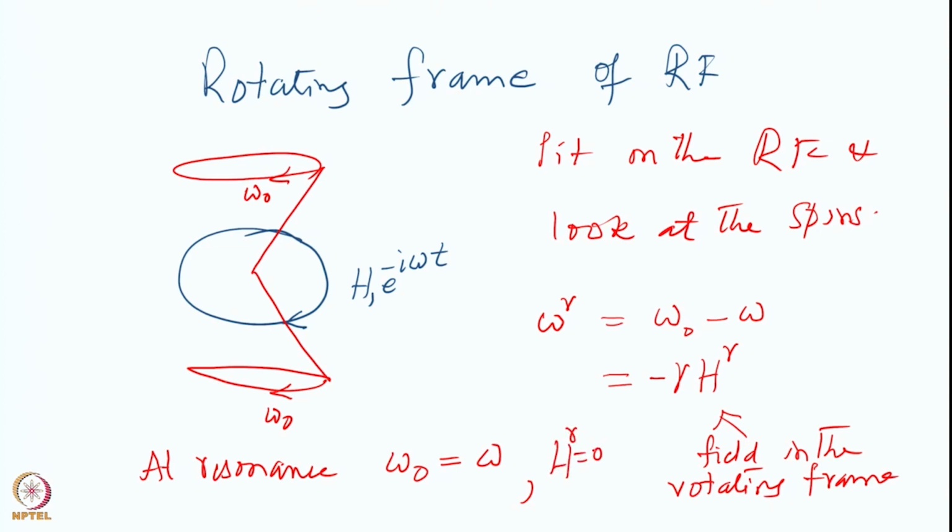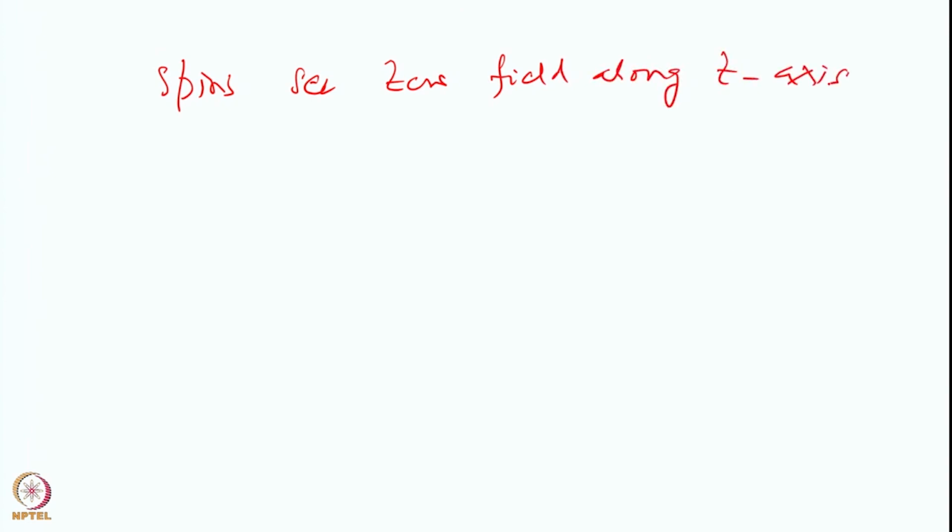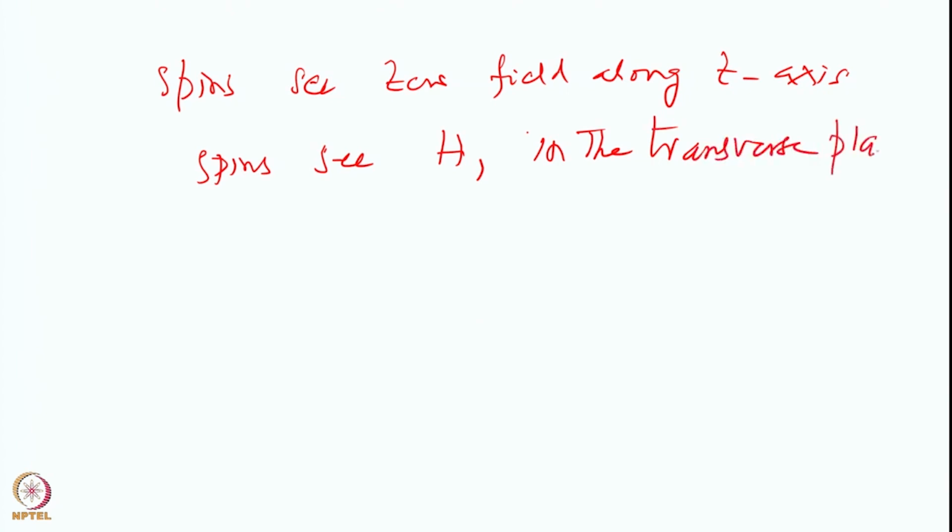So then what is the field that it sees? The spin sees 0 field along the z axis, and it also sees H1 in the transverse plane. Okay.